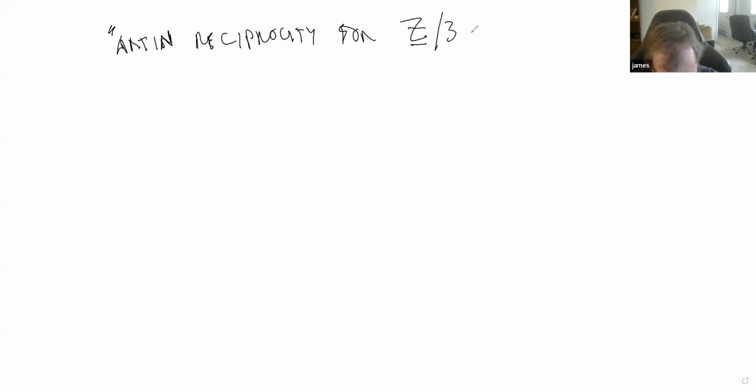So I'm thinking of this as the Artin reciprocity theorem for, well, for what we've been concentrating on, for Z mod 3 torsors.